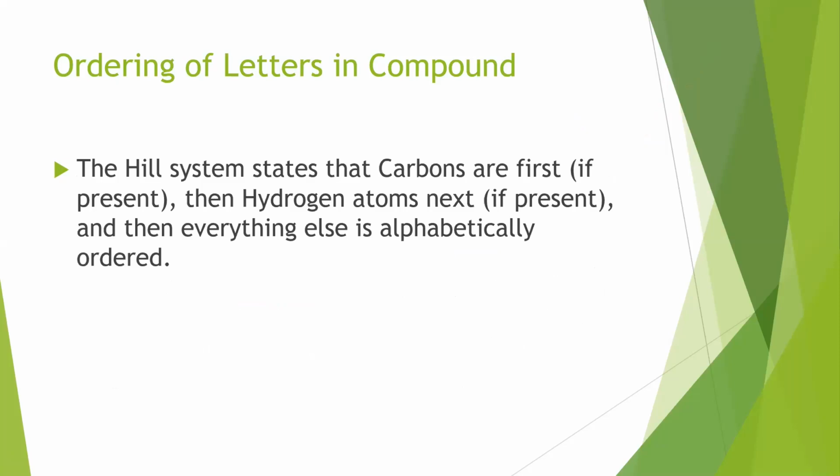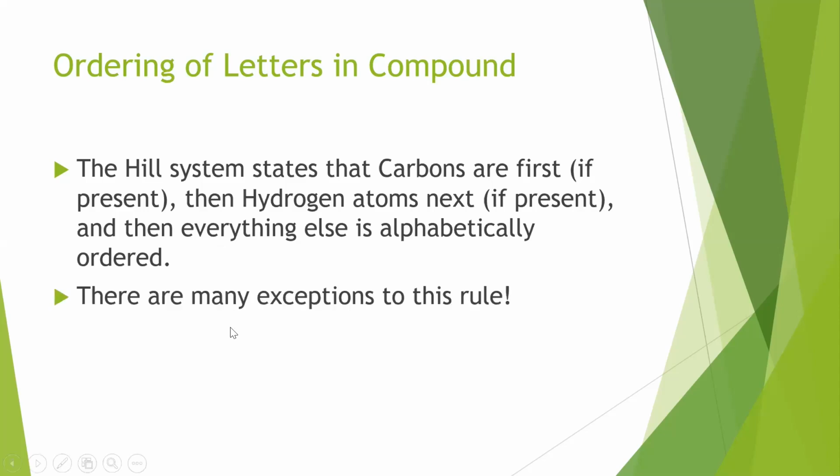The reason that carbon and hydrogen atoms are first is because they're very common. In a lot of molecules, especially ones that pertain to life, they're the most common atoms that exist. And then everything else is alphabetically ordered. But be aware that there are many exceptions to this rule, but right now we can just follow that rule.